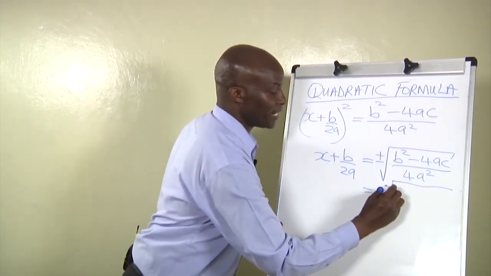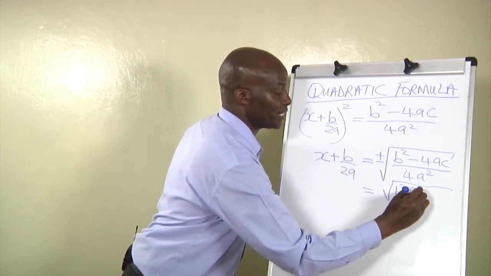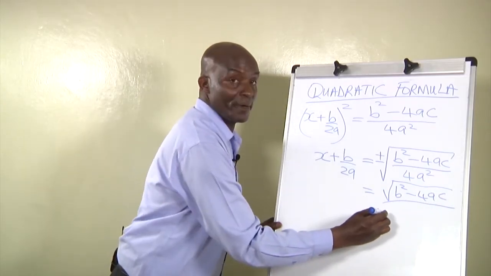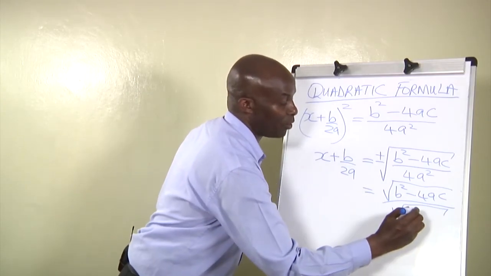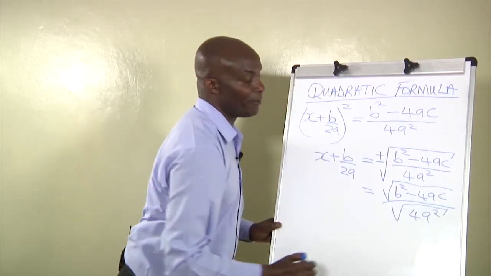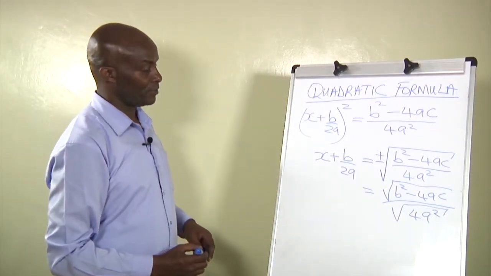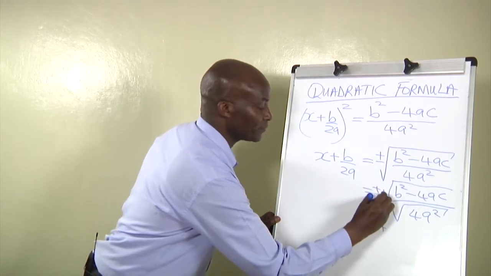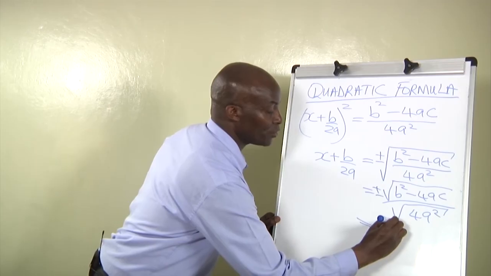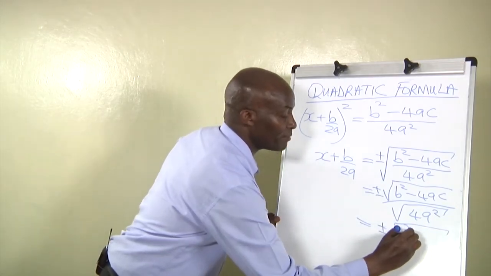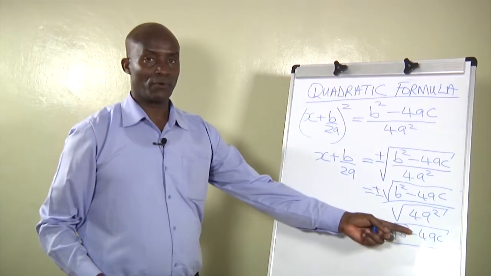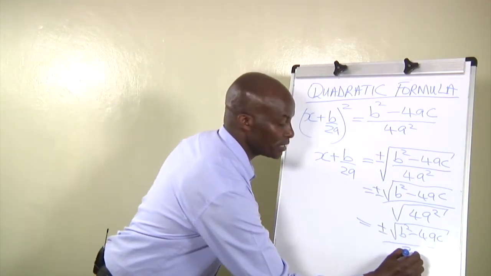In other words, it is the square root of the numerator divided by the square root of the denominator. This will become plus or minus the square root of b squared minus 4ac. What is the square root of 4a squared? It will be 2a.